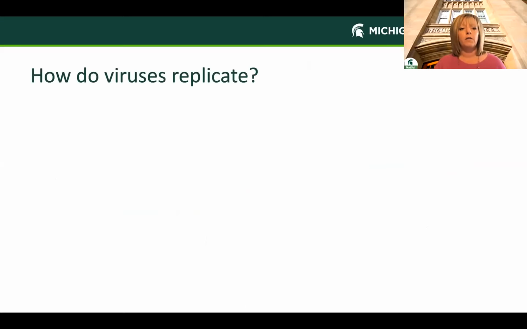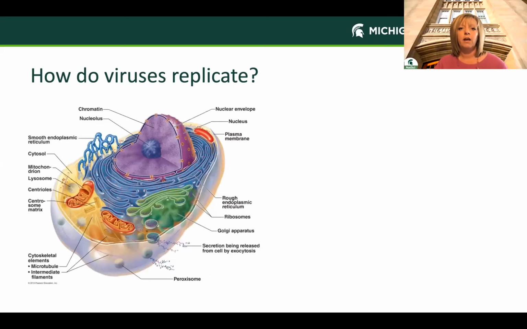So now I wanted to spend a little time on how viruses replicate. The important thing for you to think about here goes back to your BioSci 111 or your BioSci 161 course if you're a more recent graduate, thinking back to how cells are structured and how they function. So we want to remember that a virus has to be inside a cell and it uses that cell machinery to make new parts.